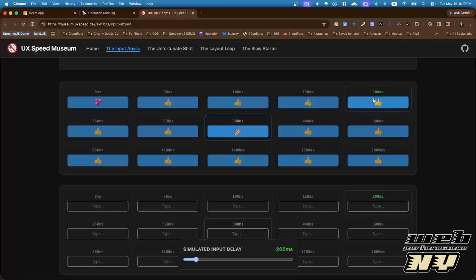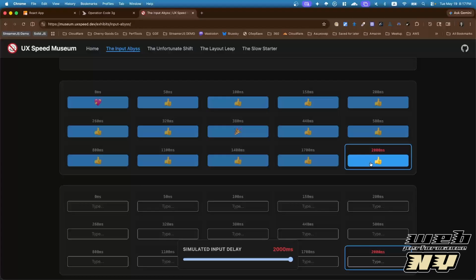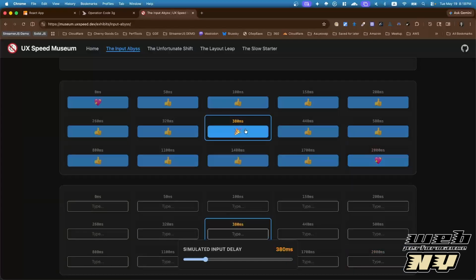But even at 200, you start feeling something is off. And at this, you're like, holy hell, I'm out of here. This is ridiculous. I want to throw my phone. 4% of people acknowledge that they, once in their life, threw the phone because the experience was slow. Expensive, you know?